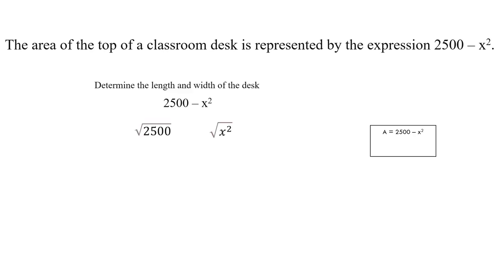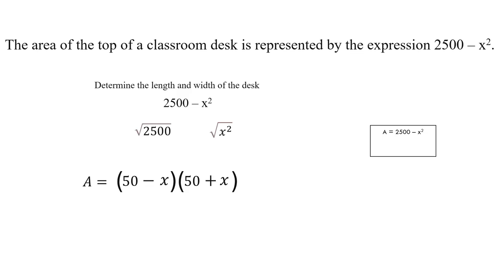To do this, we can use the difference of squares. We'll take the square root of 2500 and the square root of x squared. So the square root of 2500 is 50. The square root of x squared is x.